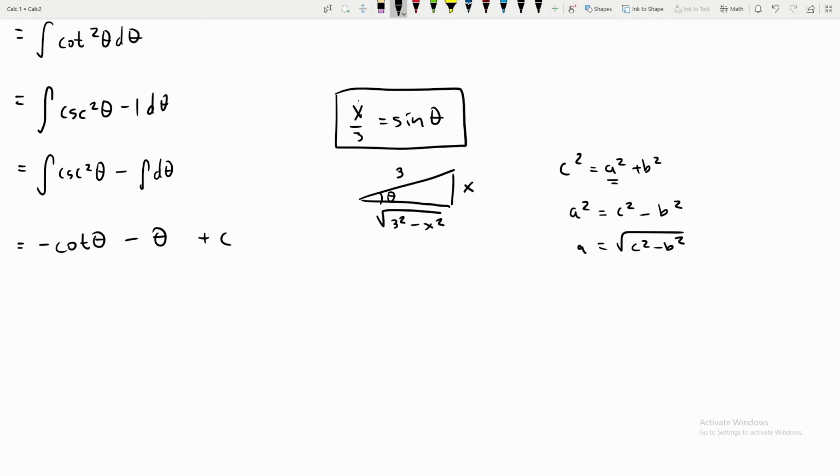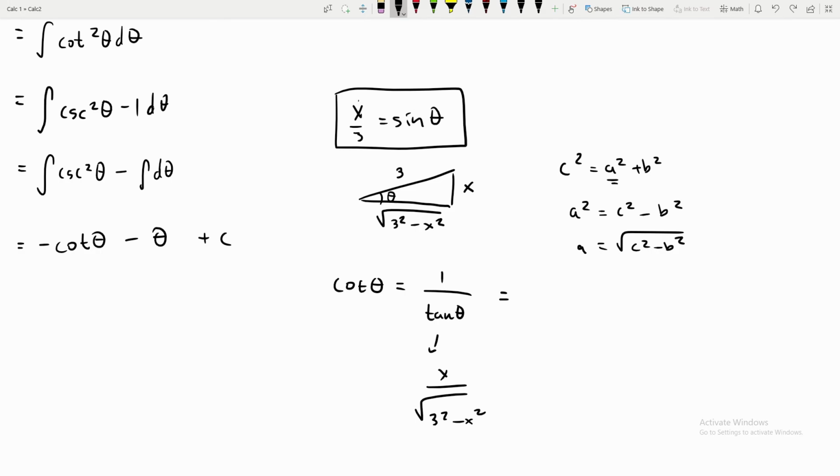Now if we think about it, what is cotangent? Well, cotangent theta is equal to 1 over the tangent of theta. And we know that the tangent of theta is the opposite side over the adjacent. So tangent theta would be x over the square root of 3 squared minus x squared, because it is the opposite side over the adjacent side of that angle.